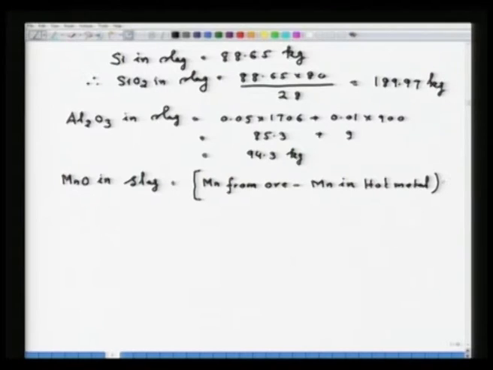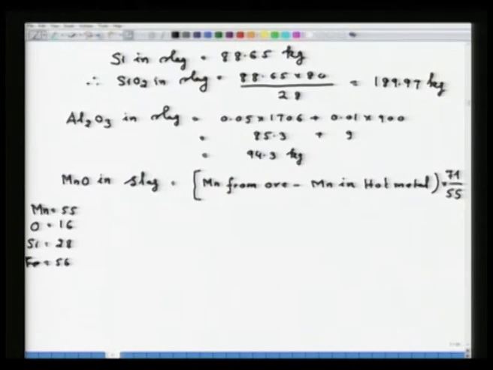So, we have to convert it by multiplying by 71 upon 55. Now, the atomic weight of manganese that I have taken is 55, oxygen as usual 16, silicon 28, iron 56.